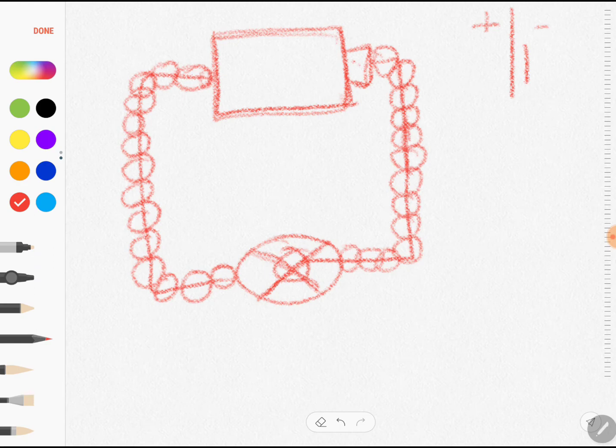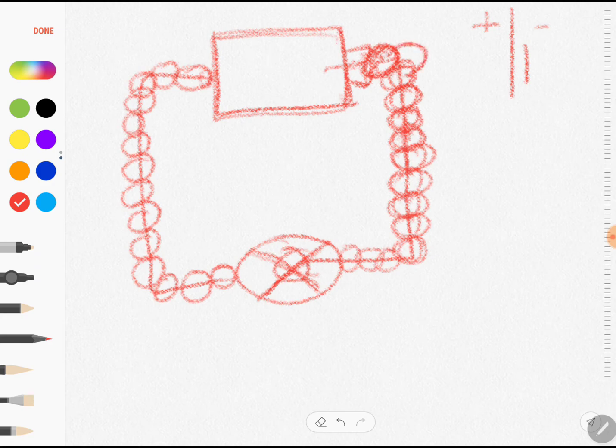Because it's like this. You can imagine the charges like they are falling in line. They are in a queue waiting for their turn to light up the lamp. So when we close the circuit, the battery will push out a charge that already carries energy. So imagine the battery pushes this charge. What will this charge do to this one?